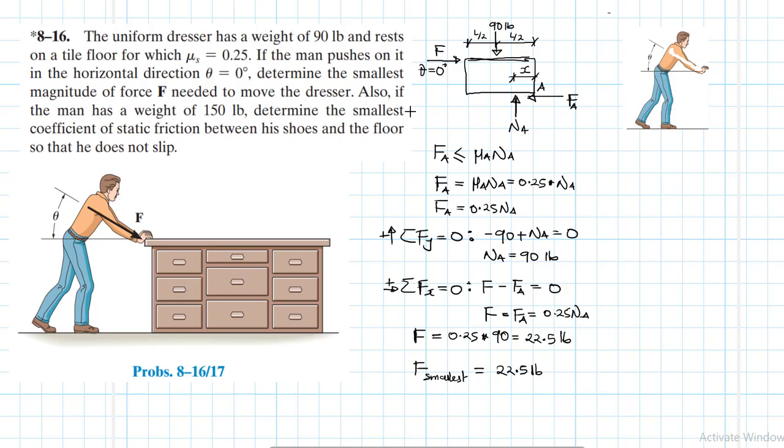Let's now move to the second part, which is to determine the smallest coefficient. So we have F that we have already calculated, F pushing on the dresser. So we expect a reaction force there of F, which we've already calculated as 22.5.